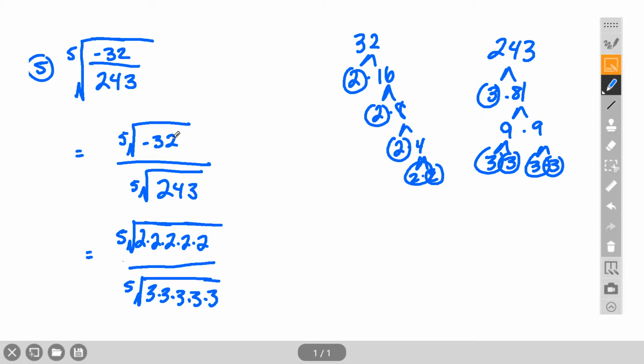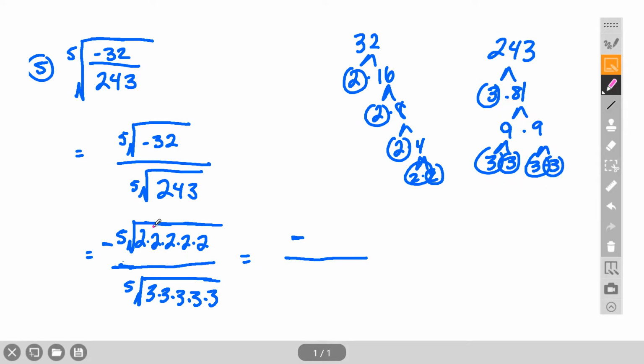And remember, since this is a negative 32, whatever this is going to be is negative. So I'll just bring that negative sign to the outside here. You'll notice that I didn't put it on the inside. Okay, so I got my negative sign.